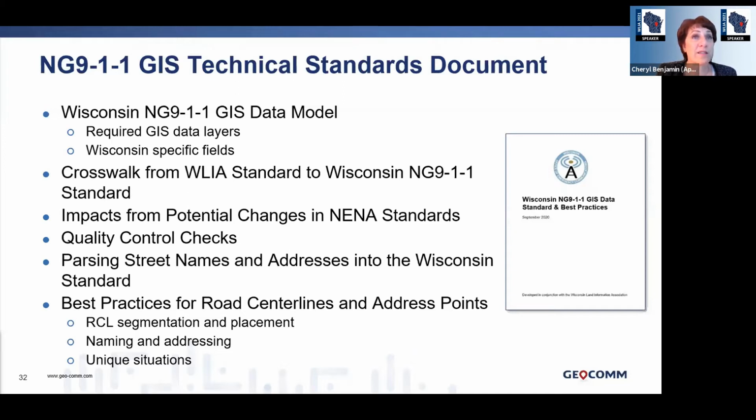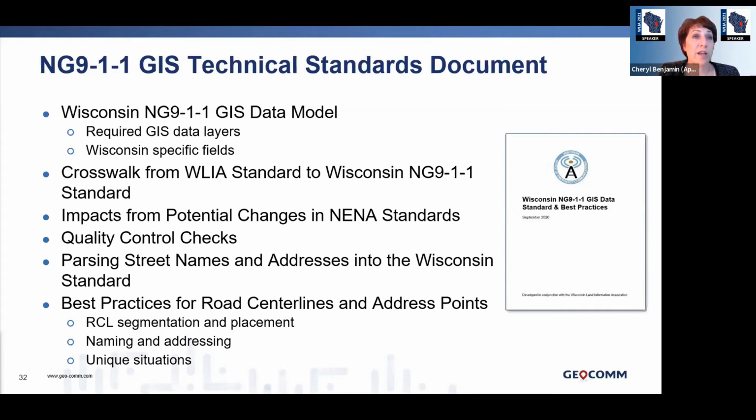It's going to talk about all the required data layers, and then it gets into details about each specific field. There's also a crosswalk for those of you who might already be maintaining data in the WILA standard into the Wisconsin NG9-1 standard. There's a section that talks about impacts, about upcoming changes in NENA standards, and I'll go into a little bit more detail about that, and a section on quality control checks.